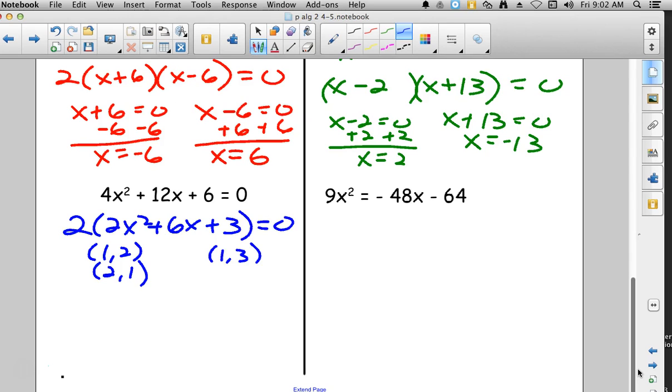Find it. Let me know when you found it. Which combo gives us what we need?